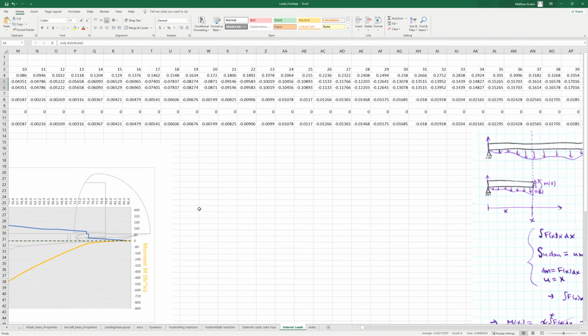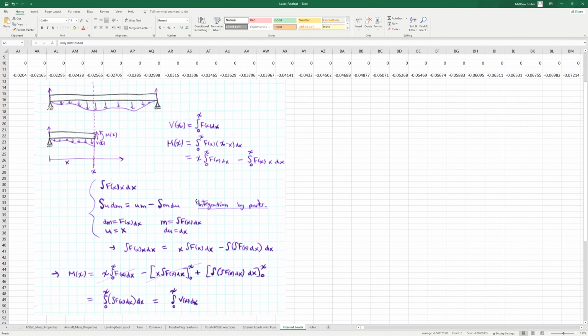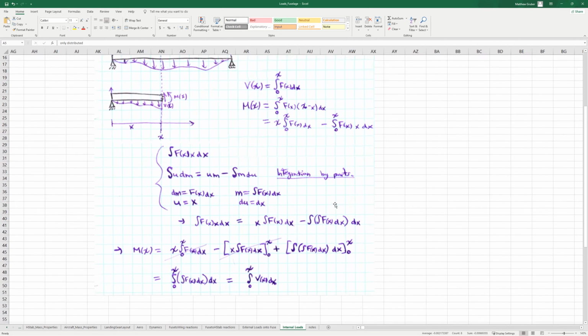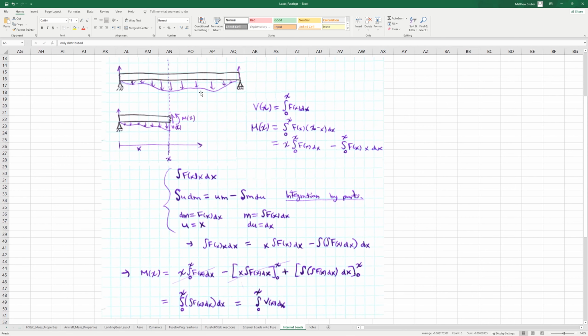Now, to do that, we can take a look at this sort of free body of the fuselage and the applied loads. We can imagine these are the applied loads, like this is a general situation.